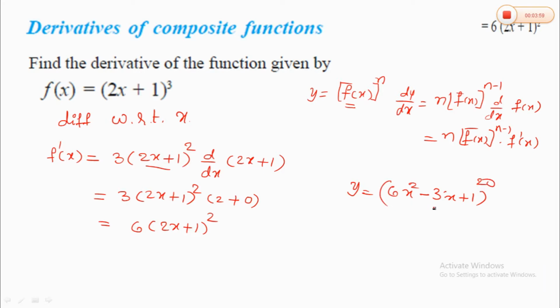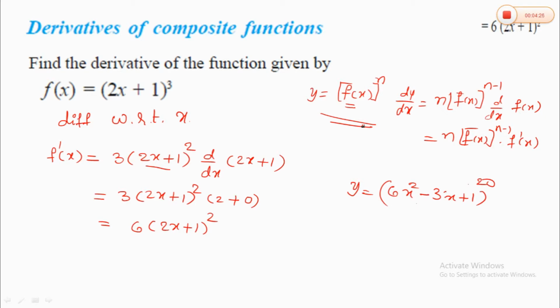So it is also of the form (f(x))^n. So remember this formula: for (f(x))^n, dy/dx is given by n (f(x))^(n-1) times d/dx of f(x). So that is n (f(x))^(n-1), and the derivative of f(x) is f'(x).